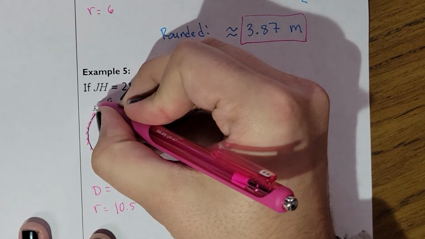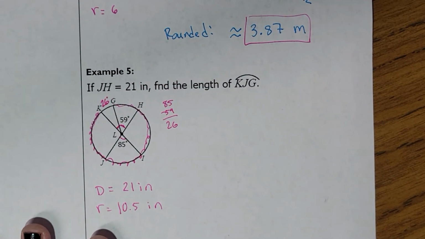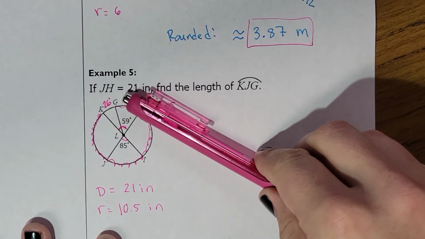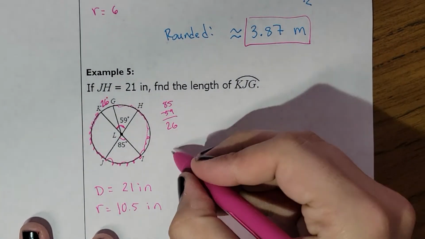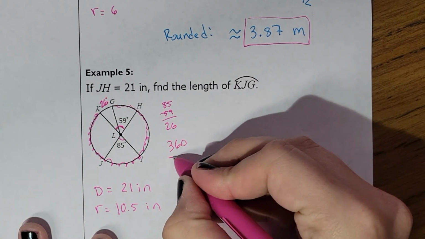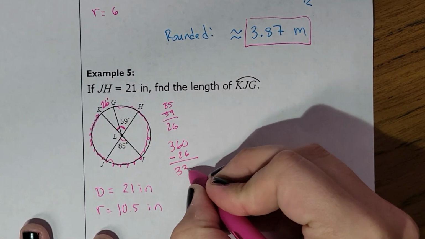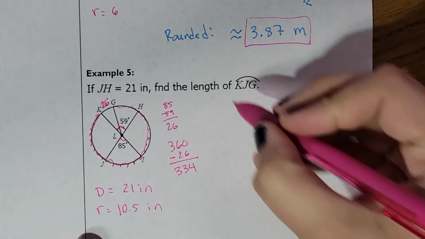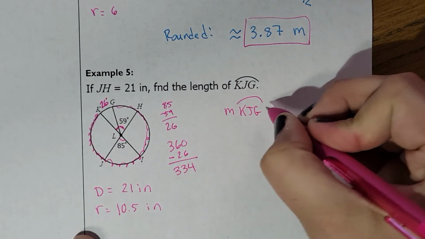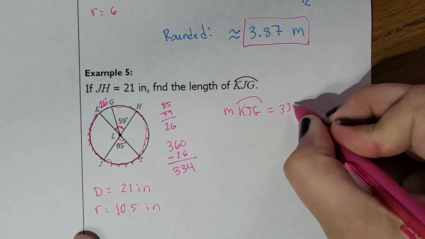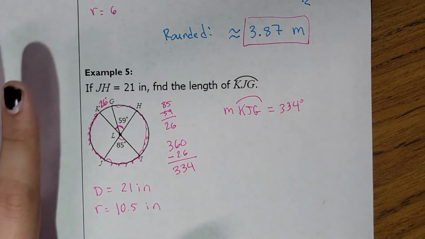So I can see that arc KG is 26 degrees, meaning arc KJG is all of that that's not. 360 minus 26 gives me 334. So the measure of arc KJG is 334 degrees.